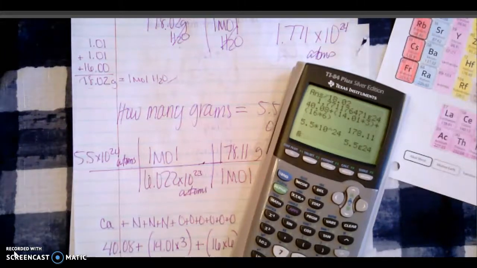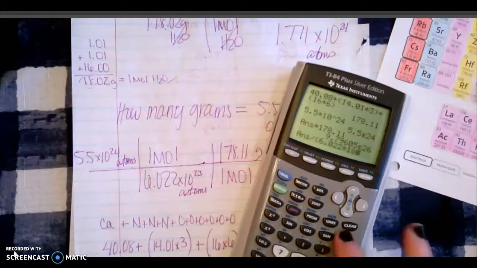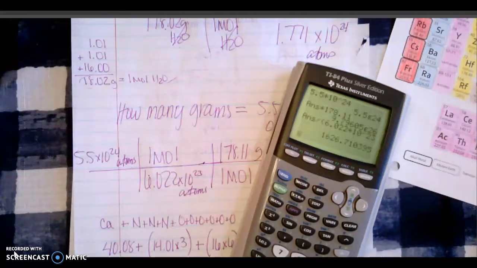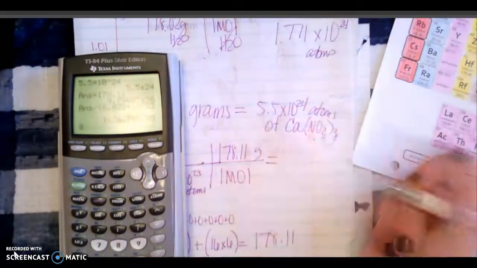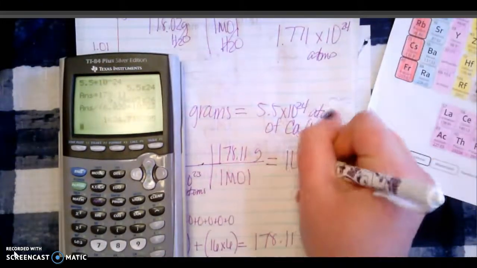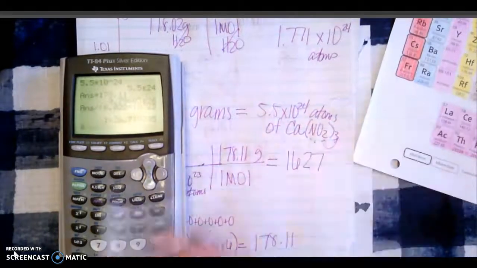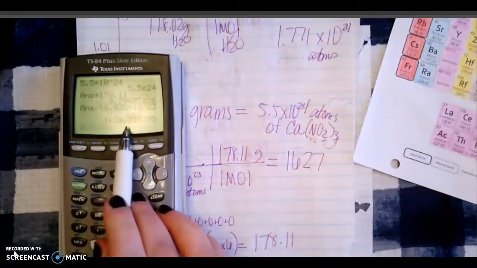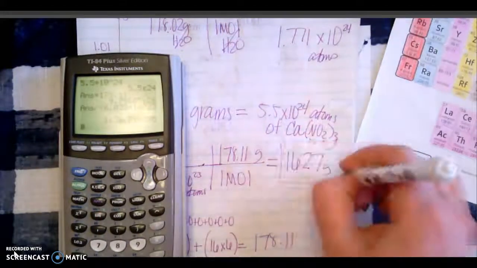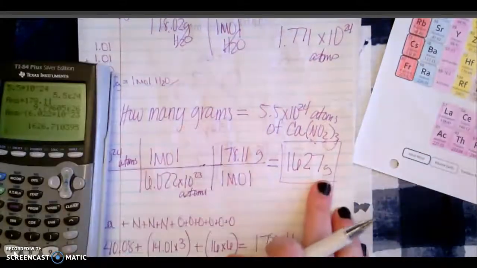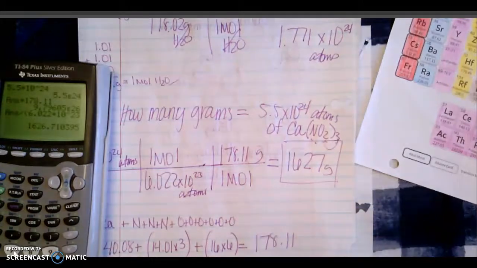All right, I'm going to multiply that by 178.11, hit enter, then divide that by 6.022 times 10 to the 23rd. And I get this number. Okay, so my end result is 1627, because again, that's a 6, that's going to make it round up. So 1627 grams. So I was looking for grams, I ended with grams. Everything is square.